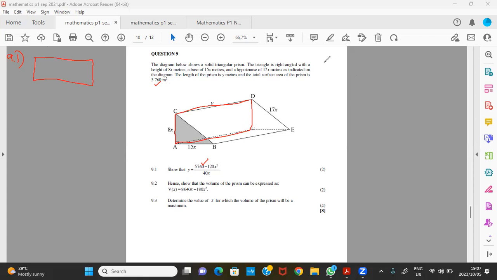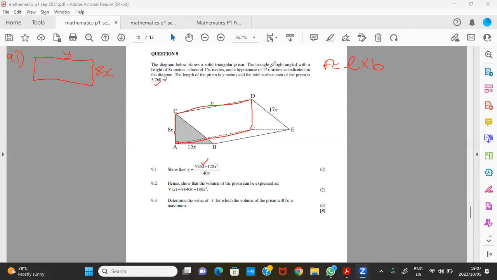Remember, the area of a rectangle is just length times breadth, right? So my length is y, and then my breadth is 8x. That's the first one.